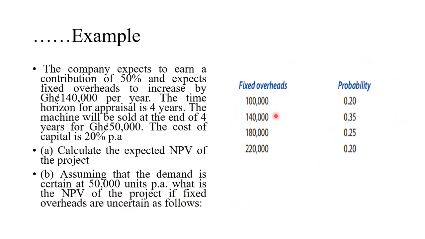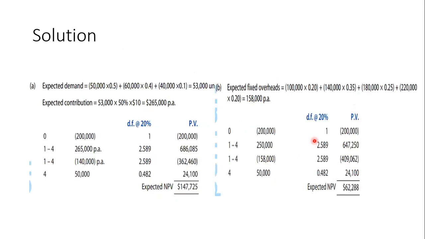It could be 140,000, with a probability of 35%, and so on. So we use this to calculate the expected fixed overheads, just as we did for the expected demand, using the same formula. You carry that out, and you get your expected fixed overheads.